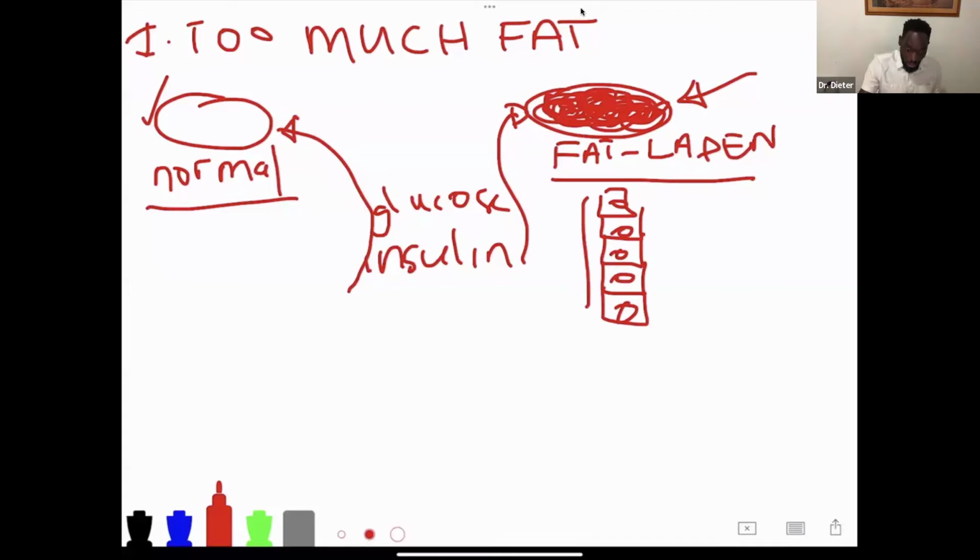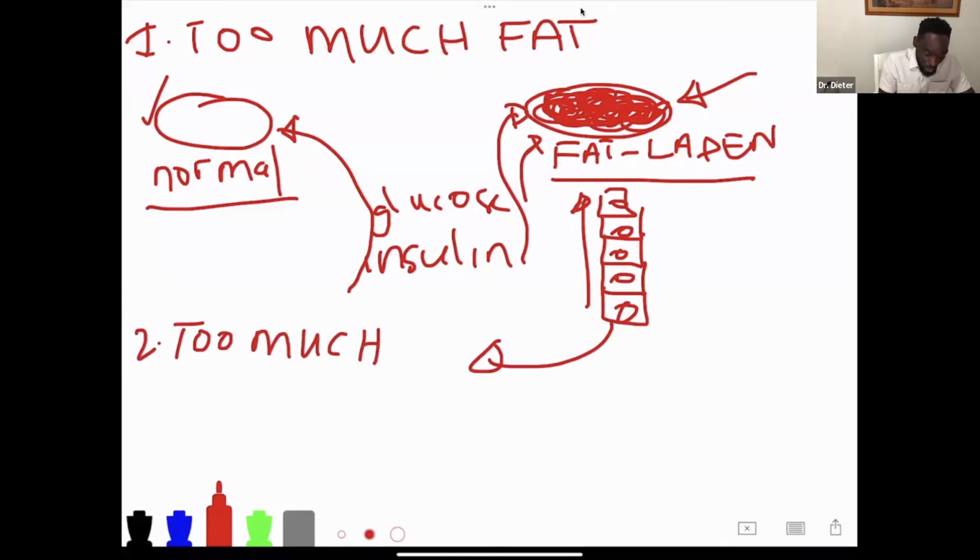So this rise in glucose in the blood, because the glucose cannot enter the cell, causes the pancreas to produce too much insulin, more insulin to try to drive the glucose into the cell. Now, too much insulin is a bad thing. It's no bueno.